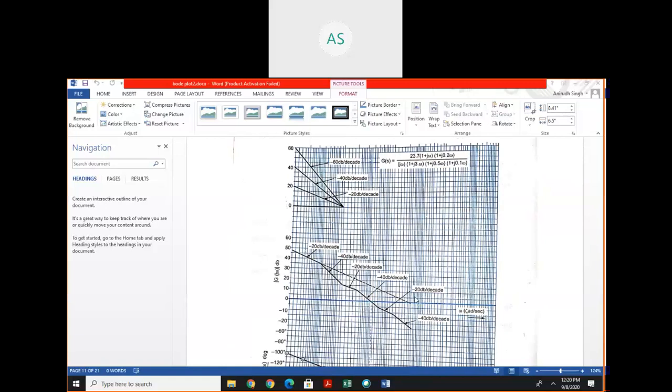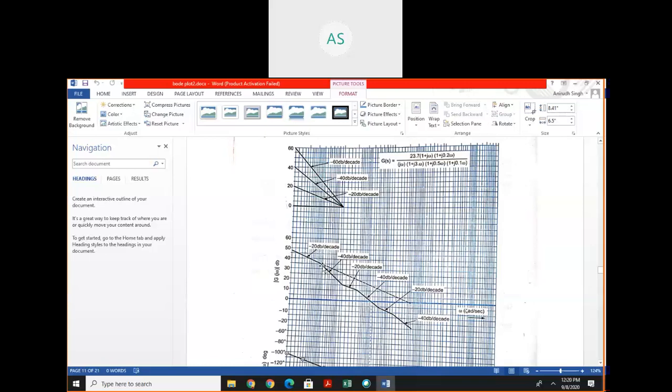Means first we draw a line of minus 20 dB per decade at 23.7 radians per second. Yes, this is the point where the value of omega is 23.7, and from this point we draw a line of minus 20 dB per decade, and this line cuts the y-axis at this point.